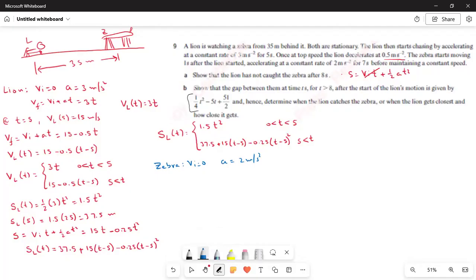So velocity of zebra as a function of time, it was 0 when t was between 0 and 1. And the velocity of zebra as a function of time, Vf is equal to Vi plus at, where Vi is 0 and acceleration is 2, so it is 2t.